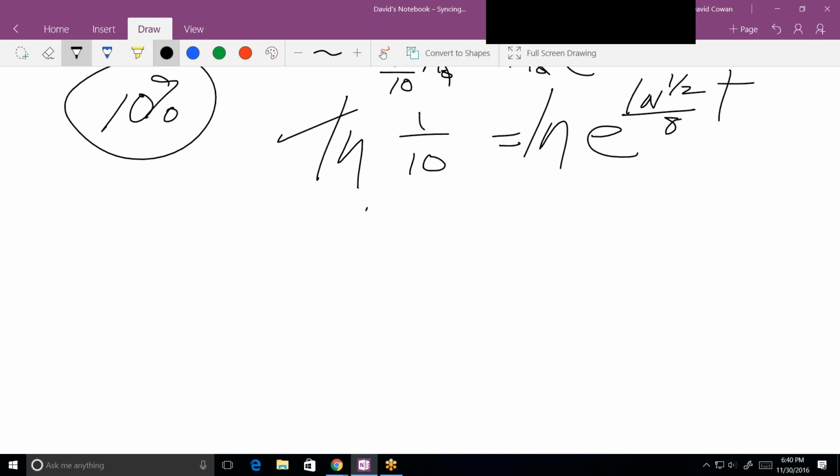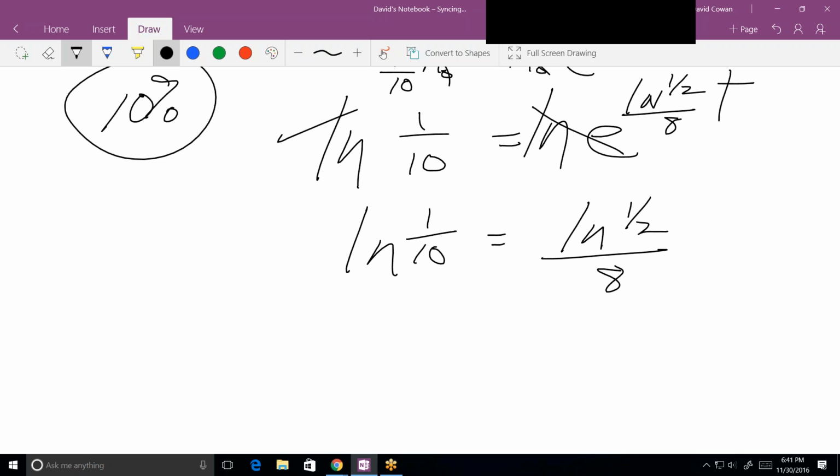And what's that give me on the right side? Natural log of 1/2 over 8 times t. So t becomes what? The natural log of 1/10 divided by the natural log of 1/2 divided by 8. Got to multiply by 8 first. Oh, okay.